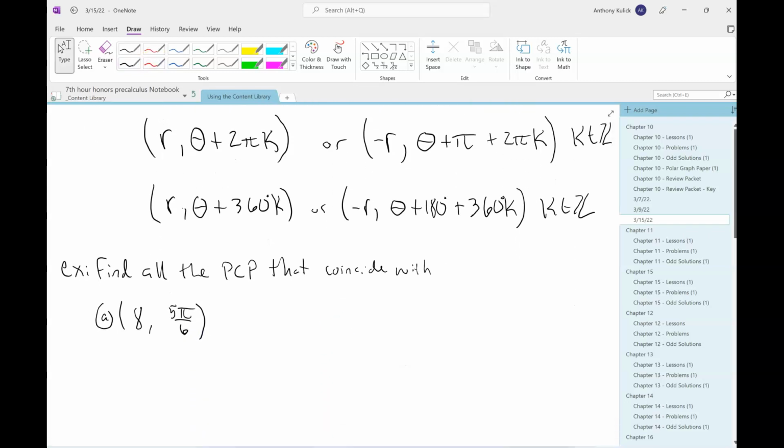All right, let's say we're asked to find all the polar coordinate points that coincide with (8, 5π/6). When we say coincide, what do we mean? Yeah, they occupy the same location, right? So all we need to do is use our criteria from above.